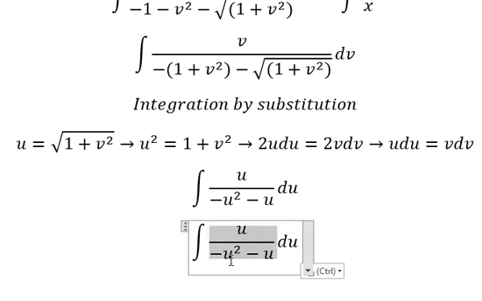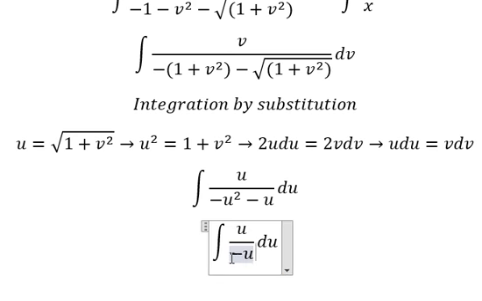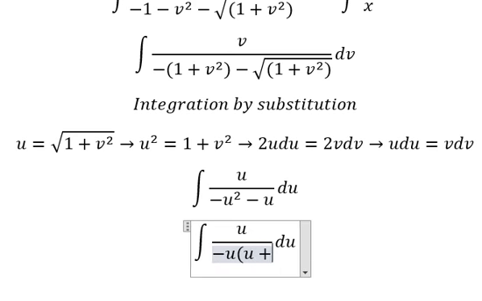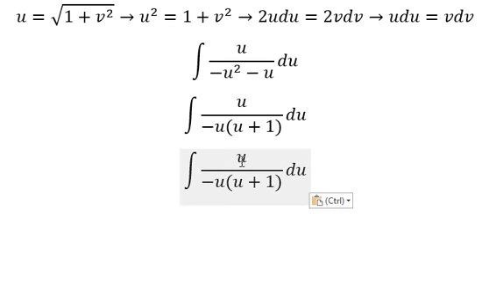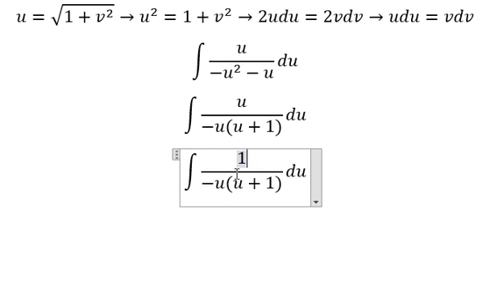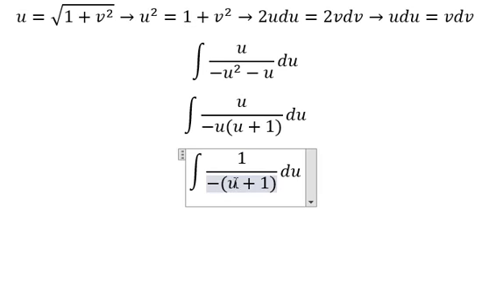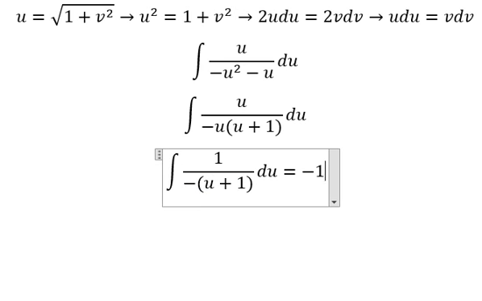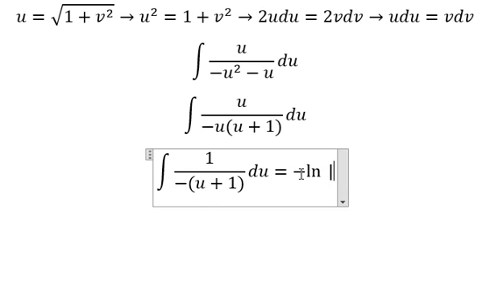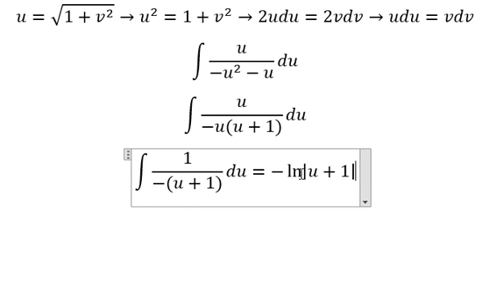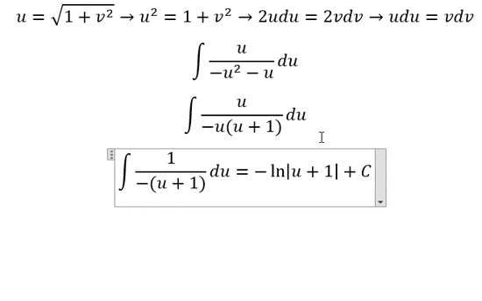So we can do factorization in here. So u divided by u, we cancel. The integration of this one, we have negative ln of the absolute value of u plus 1, and we put c.